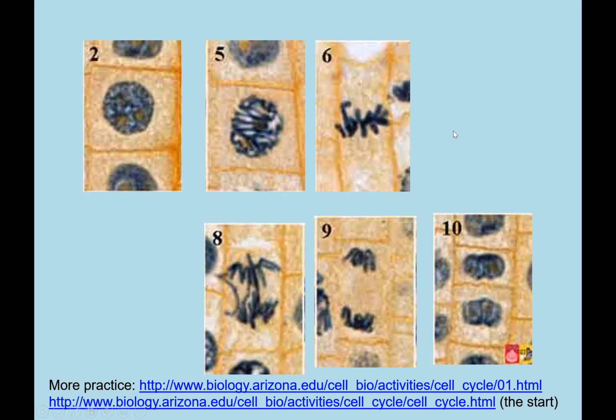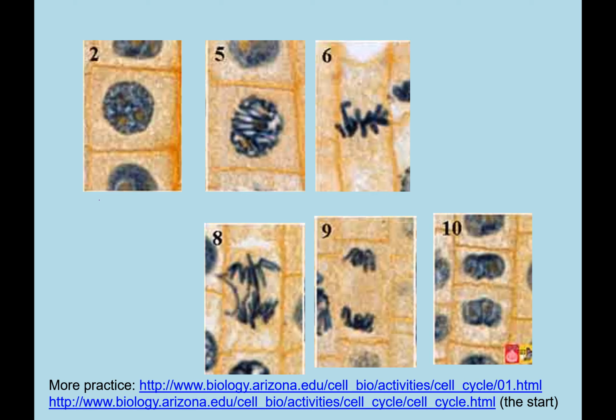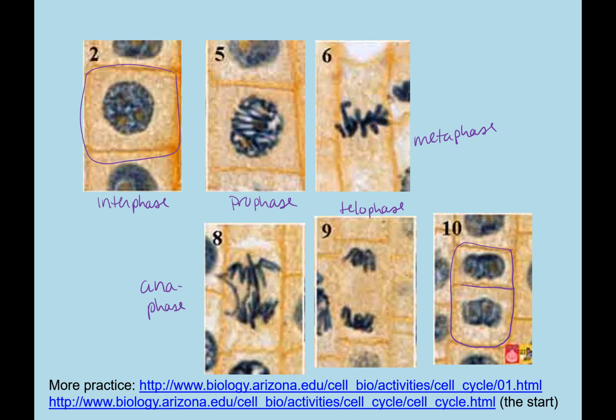So the answer goes from interphase, where you cannot distinguish chromosomes, to prophase, where you can start to see the squiggles, to metaphase, where it's lined up in the middle, anaphase, telophase, where they're really apart and starting to get smushy. And then I know that this is the last one because you see how these cells are smaller than this one? So that's cytokinesis.